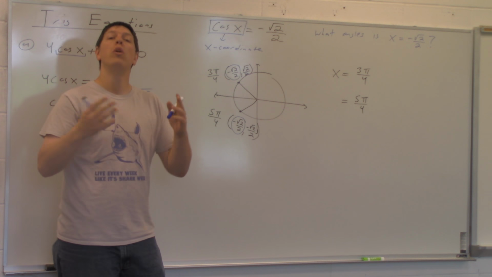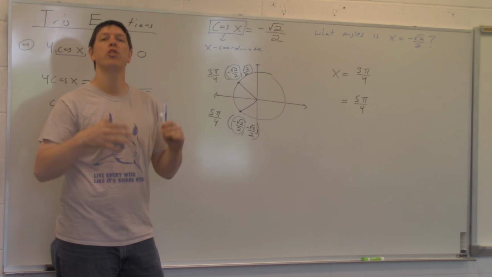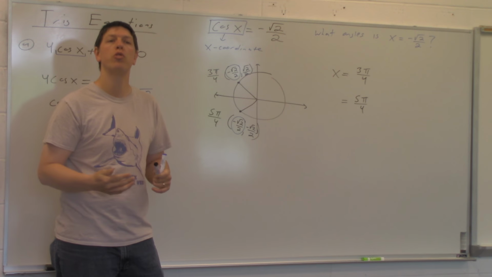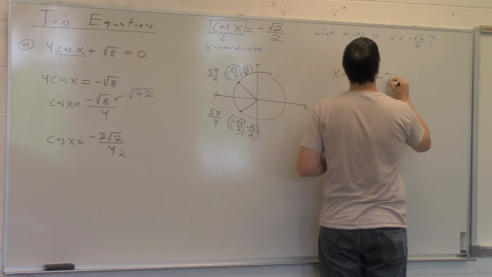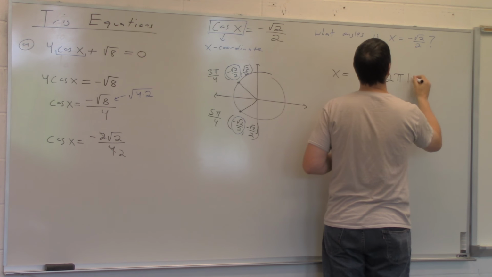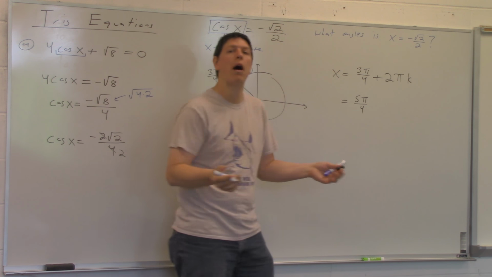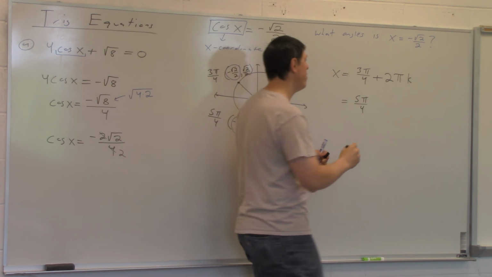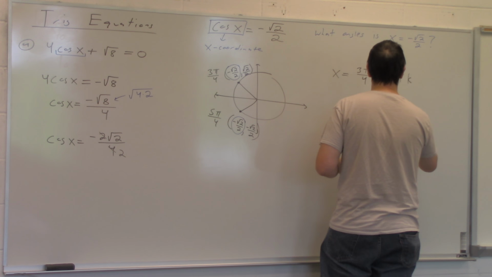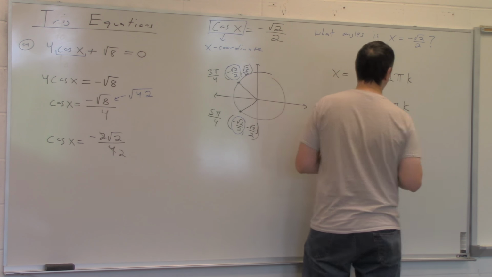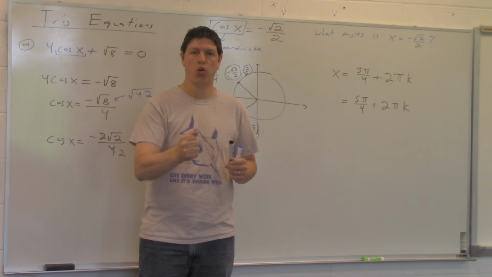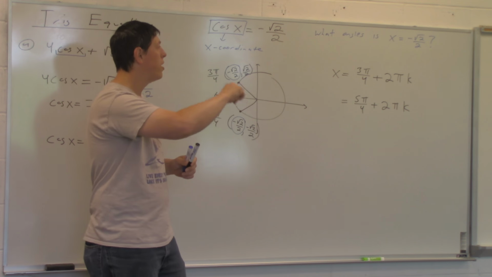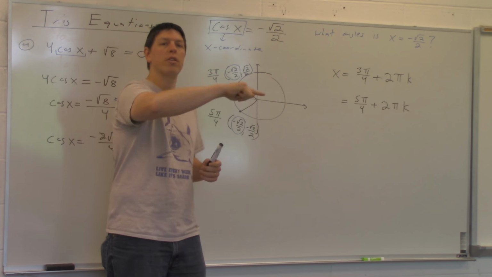Okay? So to compensate for the idea that there's an infinite number of coterminal solutions, what we're going to do is we're going to add 2 pi times k, or 2 pi times n, whatever variable you want, to both of the angles that we found. And we state that k is an integer, meaning k is going to be 1, 2, negative 13.